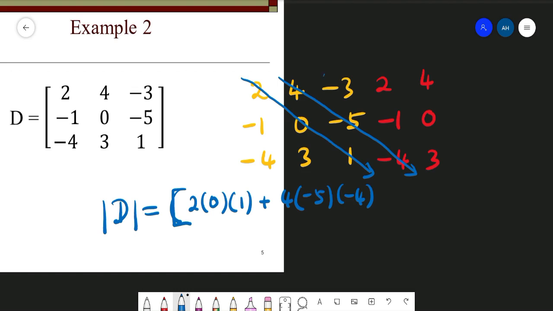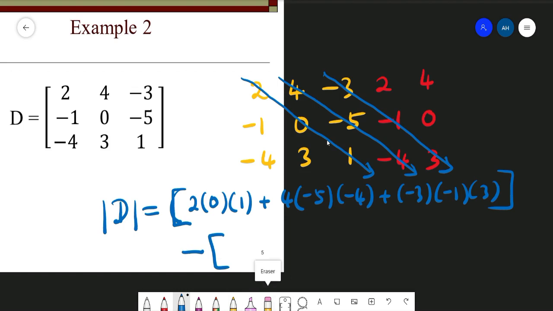Now my third arrow will be this one, and the numbers on that arrow are negative 3 multiplied by negative 1 multiplied by 3. We are going to multiply each one of these, and then add them up.